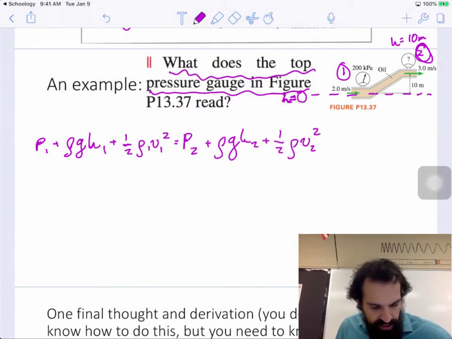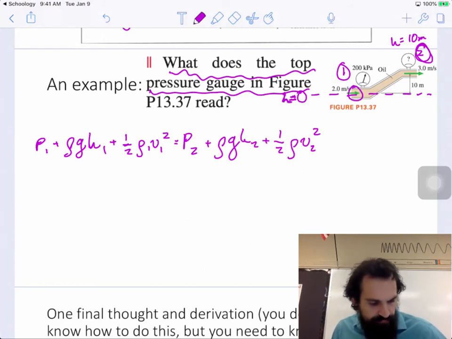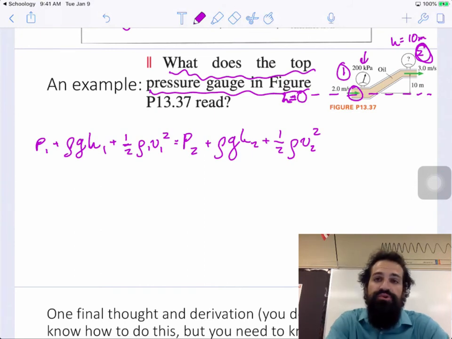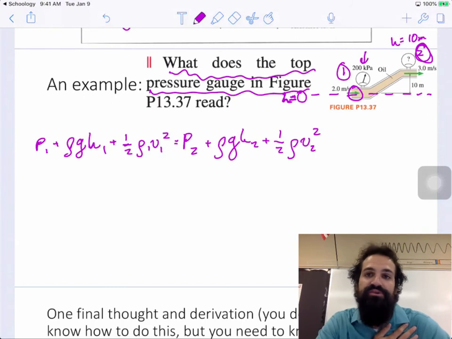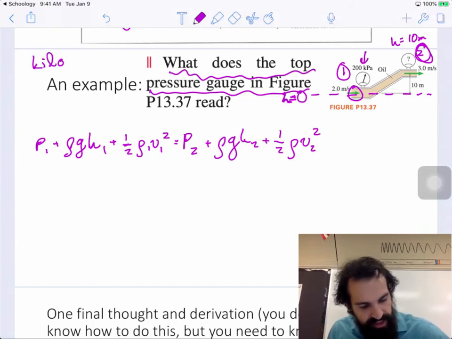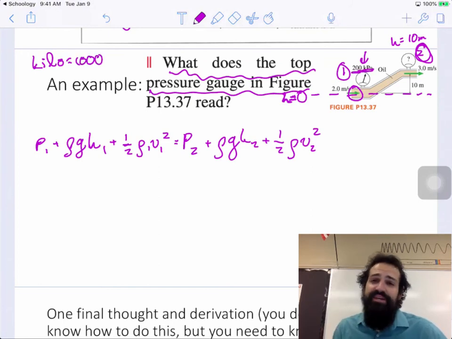So pressure at 1, this is a gauge pressure of 200 kilopascals. And a reminder that kilo means 1,000. So 200 times 1,000 pascals is the gauge pressure.